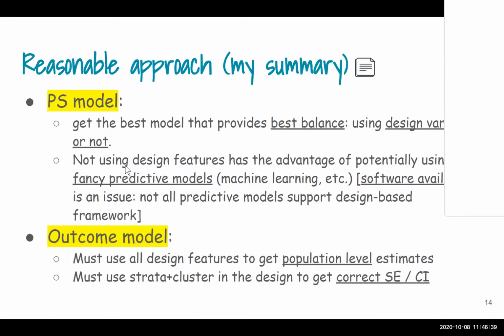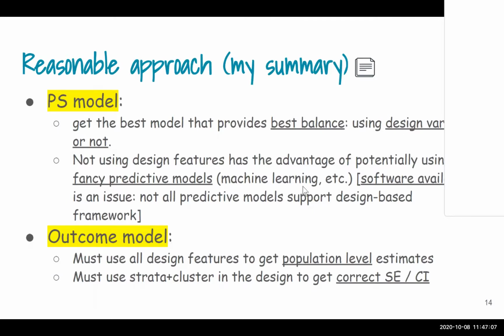And when you are not including the design feature, that has some advantage in the propensity score model, because then you can use many advanced machine learning methods, and some of the machine learning methods do not have the direct ability to work with the design features. So this gives us another advantage, because we do not have to be restricted to the design feature in the propensity score estimation.